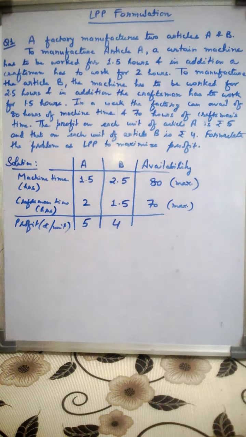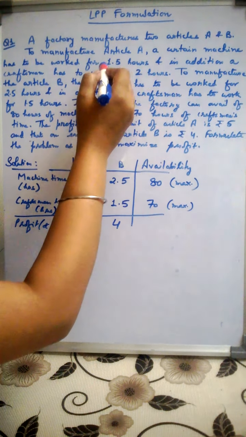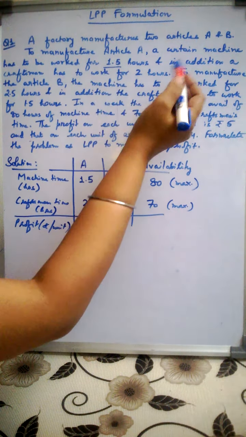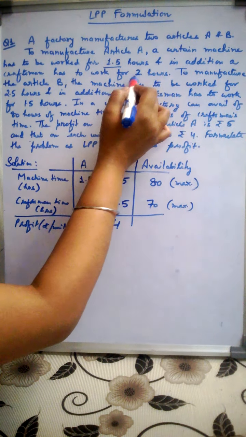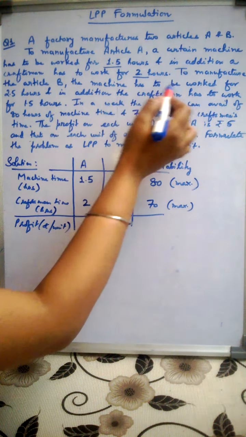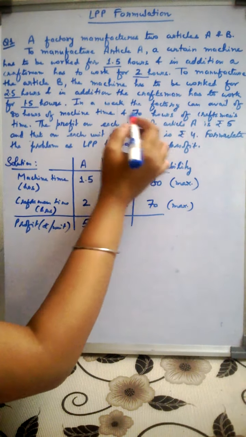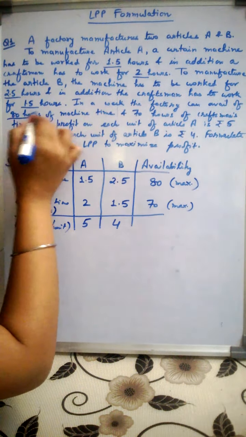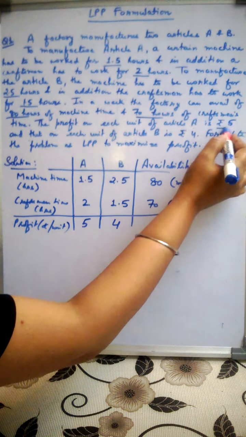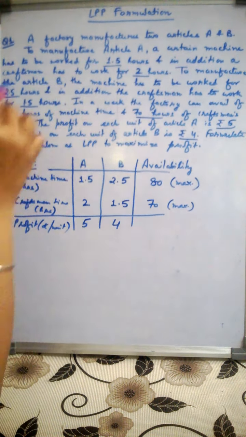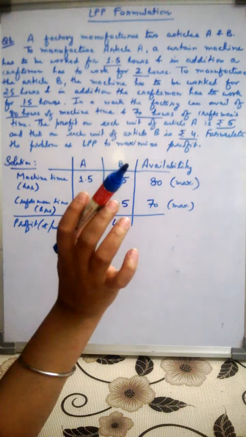So this all data is given to us. So whatever values are given to us in the question, like 1.5 hours, 2 hours, 2.5 hours, 1.5 hours, machine time of 80 hours, 70 hours, 5 rupees, 4 rupees, we have considered all these values in this table.